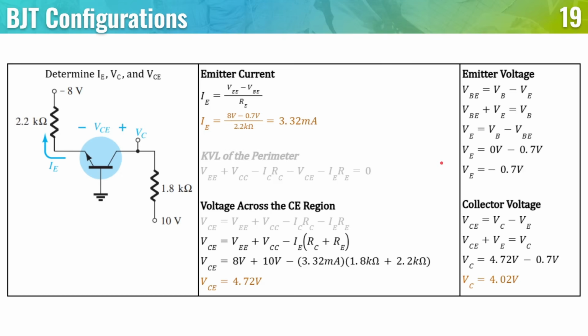Lastly, we have the collector voltage. So VCE is basically just going from C to E. Oh, wait, my bad. We are looking for the collector voltage. So using this formula, VCE is equal to VC minus VE.